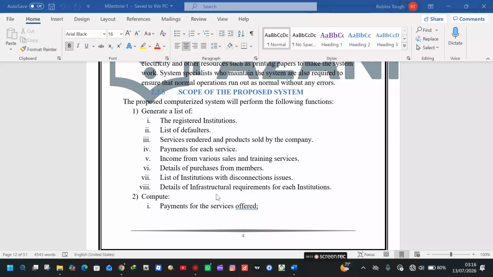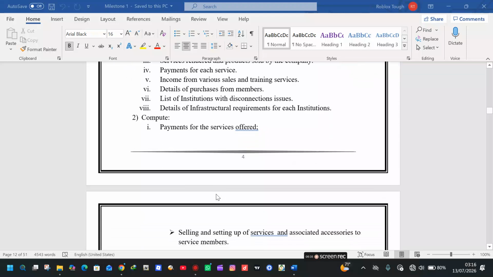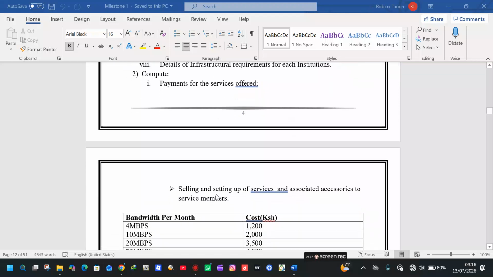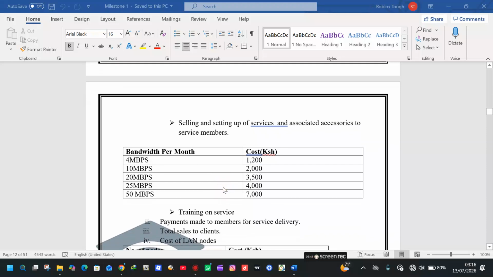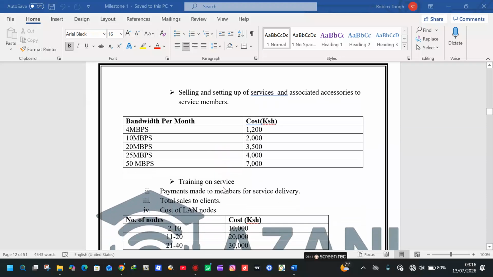Number one, generate a list of registered institutions, list of defaulters, services rendered and products sold by the company, payments for each service, income from various sales and training services, details of purchases from members, list of institutions with disconnection issues, details of infrastructural requirements for each institution. Number two, compute the payments of the services offered, selling and setting up of services, associated accessories to service members.